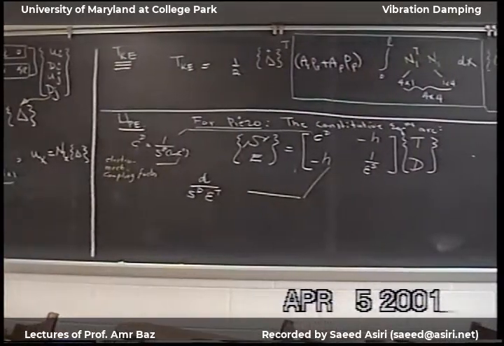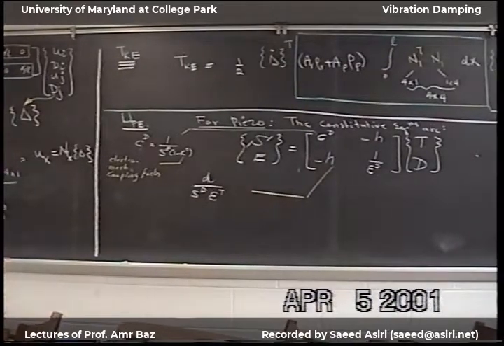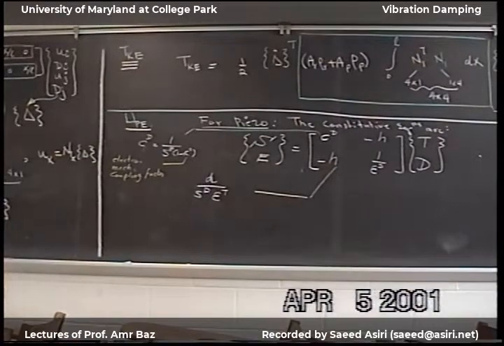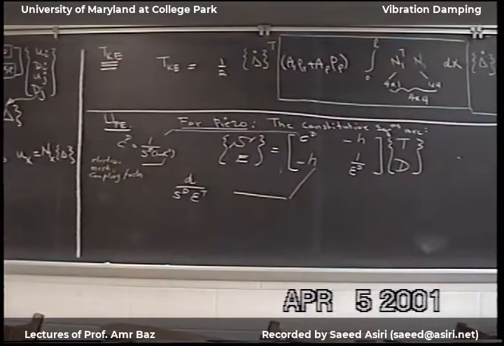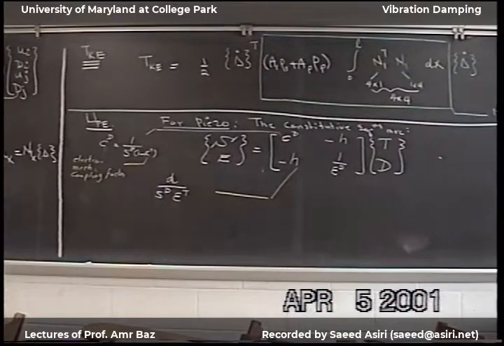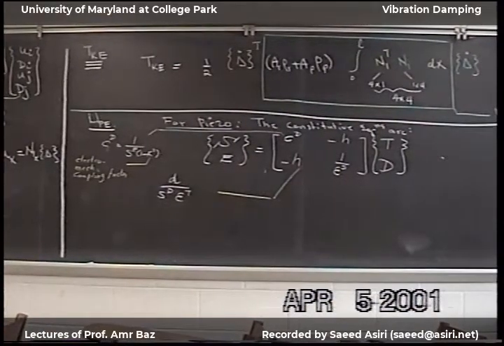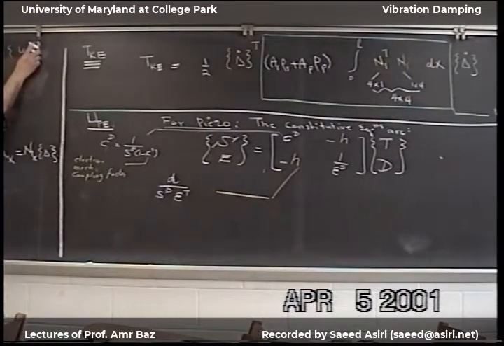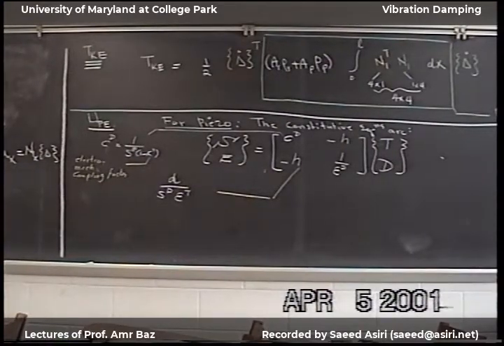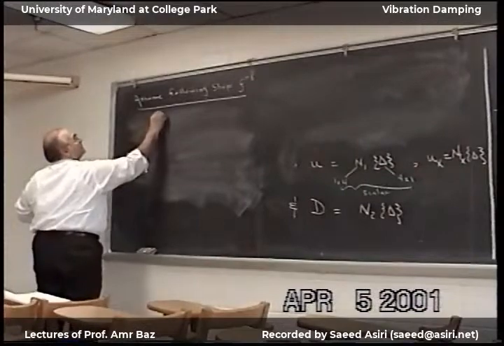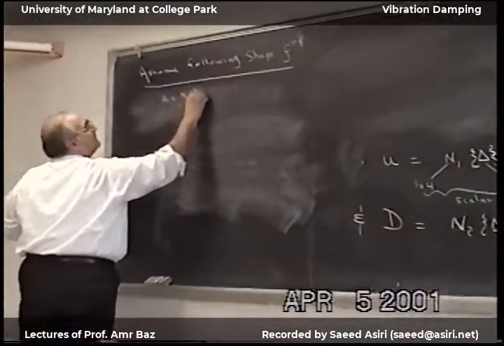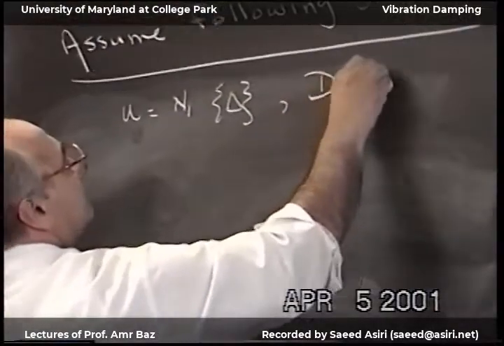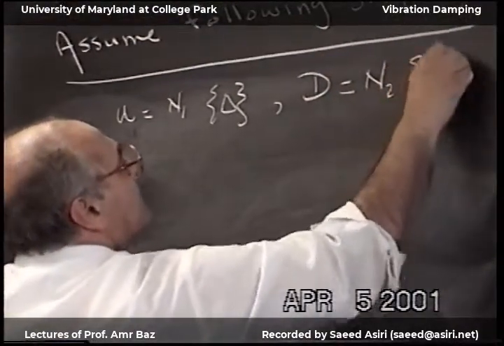Okay, we don't need all this. Here we'll just write down that U is equal to N1 delta, and electric displacement is N2 delta.